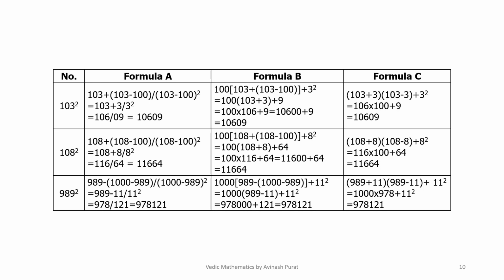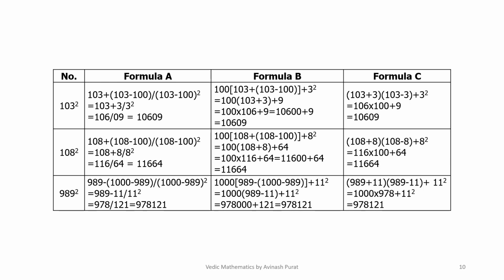Third example, 989. First formula: 989 minus 11 stroke 11 square, equal to 978 stroke 121, that is 978,121.